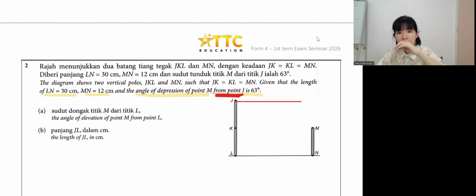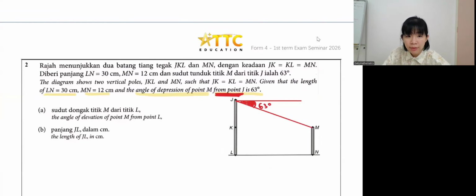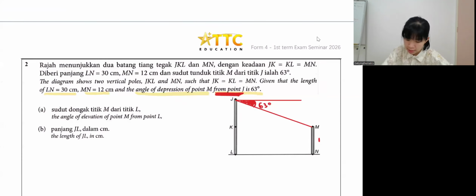Okay, after drawing the horizontal, then only you draw from J to M. Okay, so now you got 2 lines already. So this is the angle that they're referring to, 63. Okay, then after that, MN is 12. LN is 30 cm. MN is 12 cm.